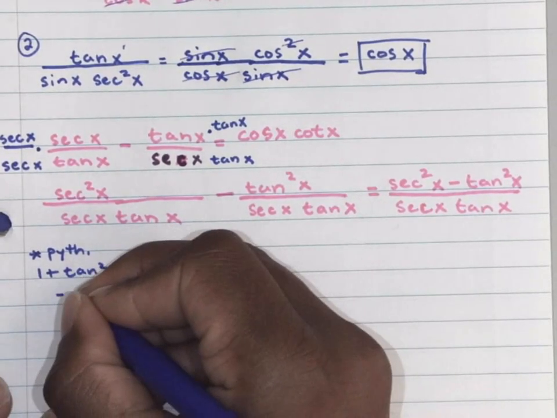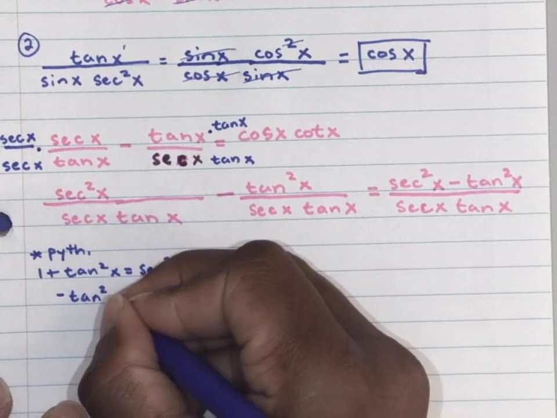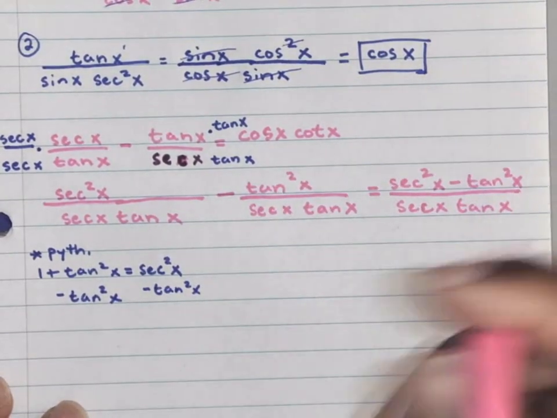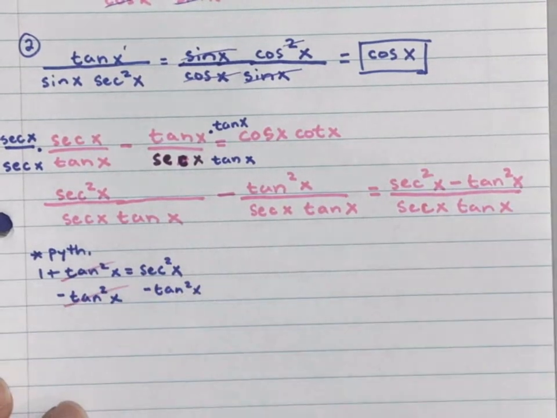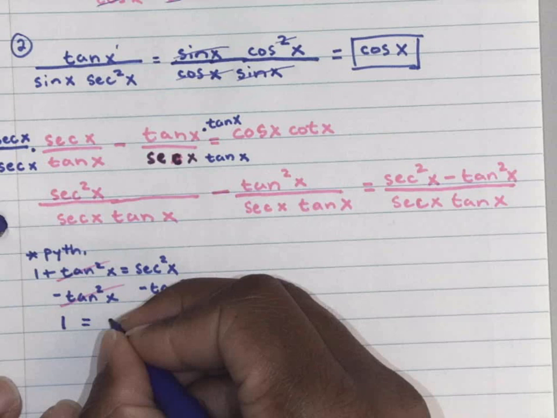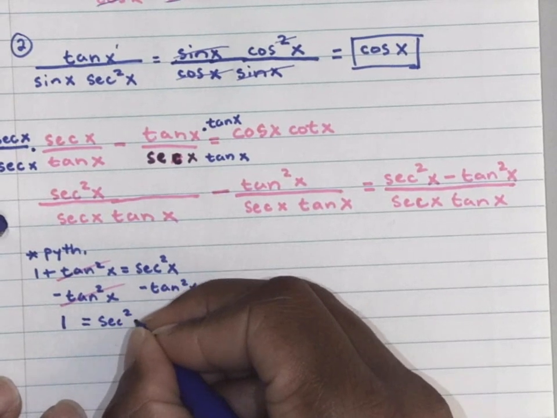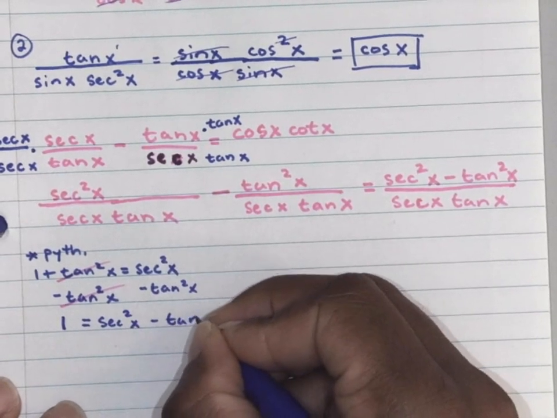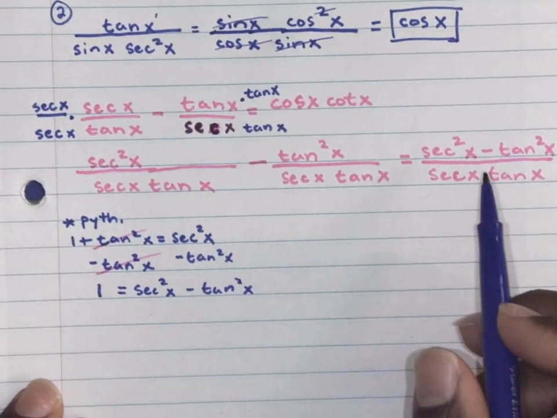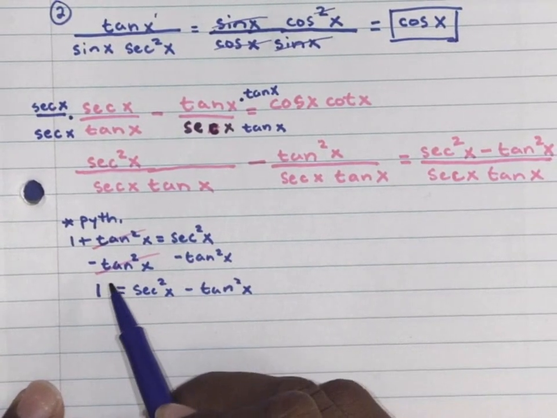And if I subtract tangent squared, these two will end up canceling out, and what we'll be left with is what we see. 1 equals secant squared minus tangent squared. And sure enough, I see that secant squared minus tangent squared equals 1.